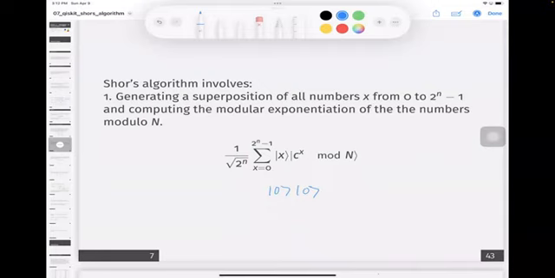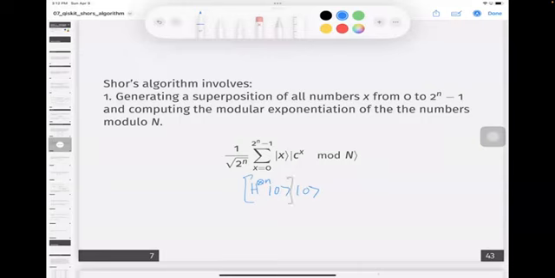And then what we want to do now is apply the Hadamard transform to the input register. So we have H here, and apply it to the n qubits in the input register.